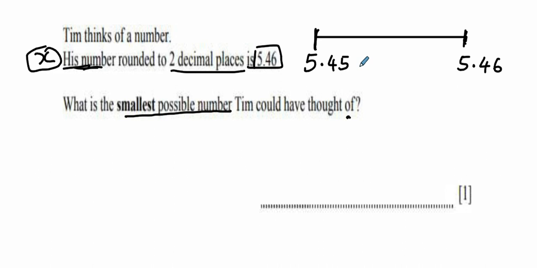Okay, now we can say that Tim's number is somewhere. Let us try to assume that the number that this person is thinking of is exactly halfway between these two numbers. So let this number be x.